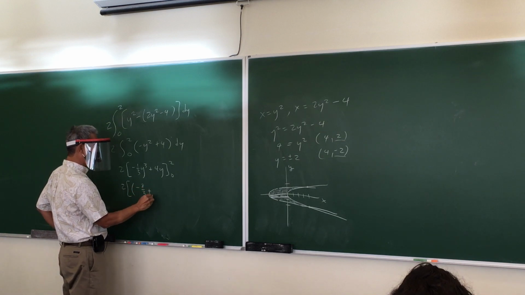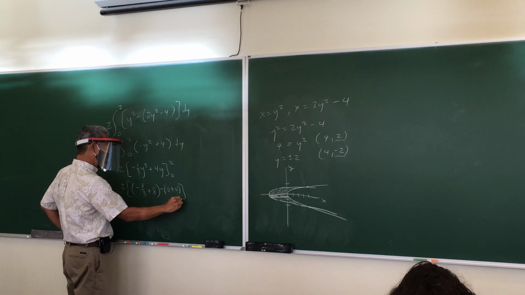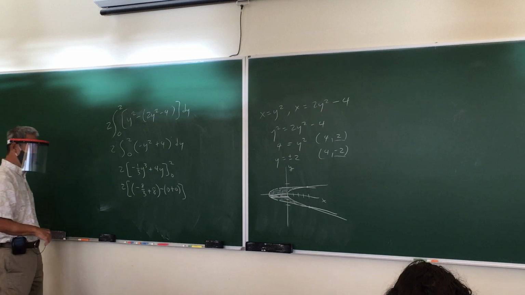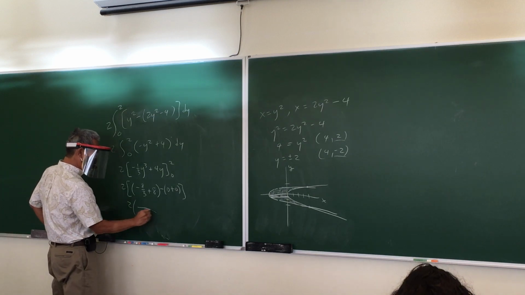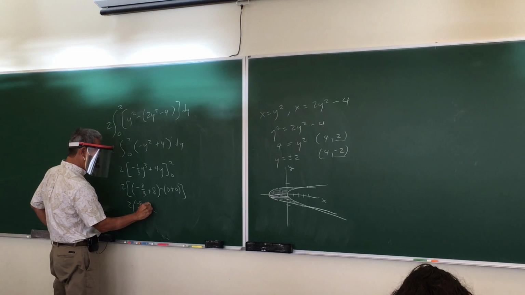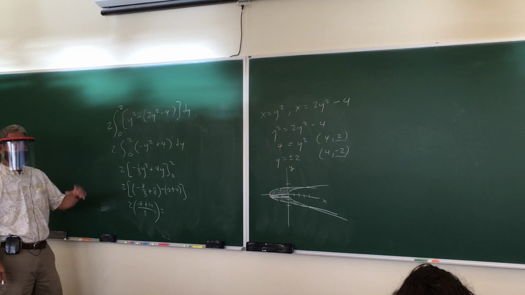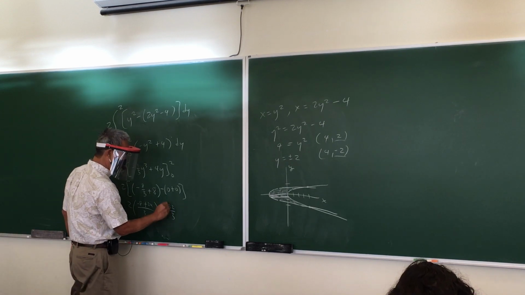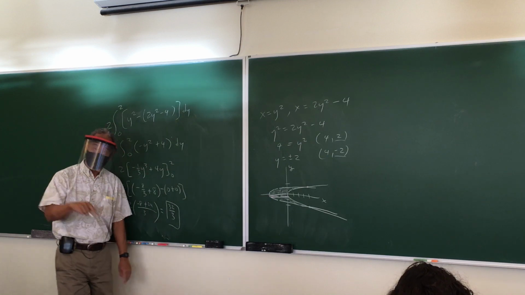This is an insult. Minus 0 plus 0. We can just do it in our head already. Final answer, survey says 32 thirds. That is the exact area of that region. Exactly.